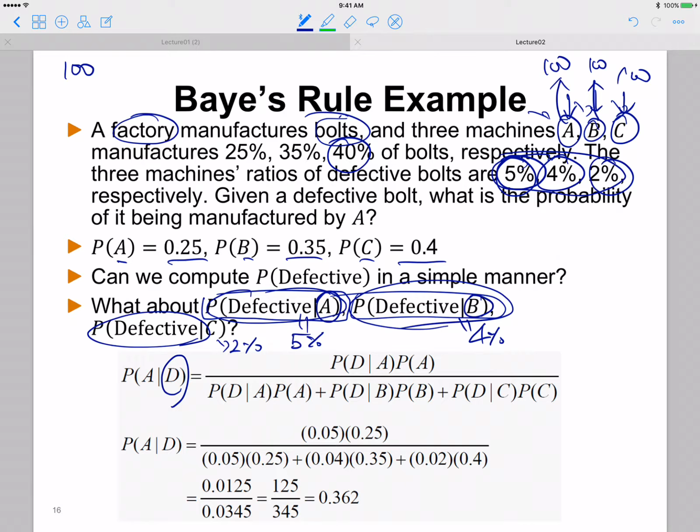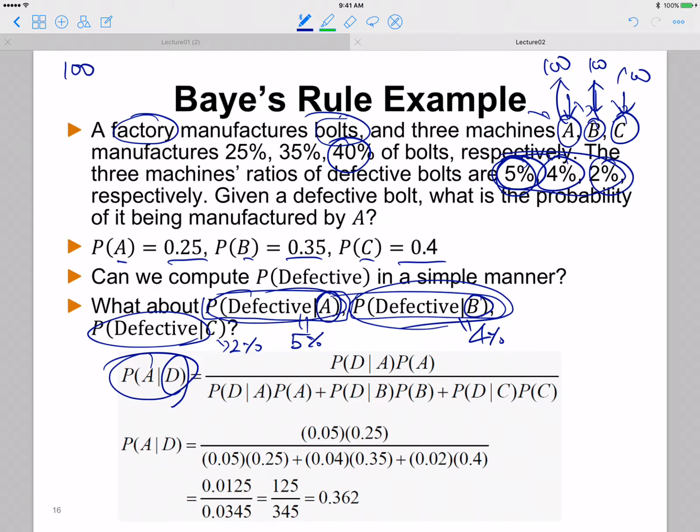And then we consider the probability that this defective bolt was produced or manufactured by the first machine, the second machine, and the third machine. So this is such a probability that we consider. Okay?